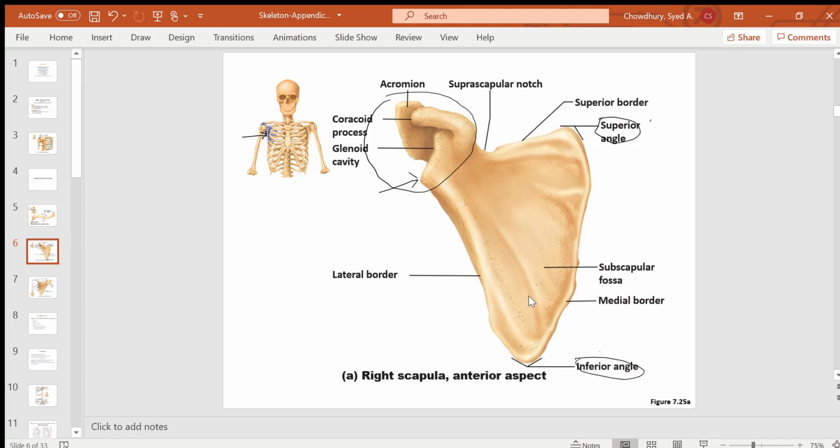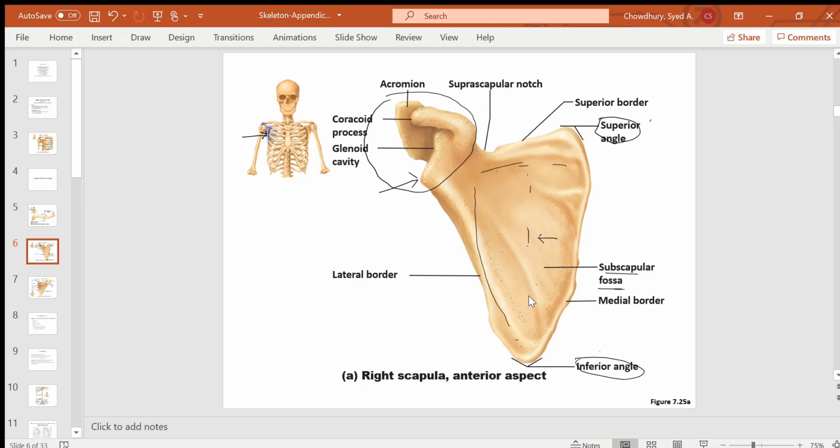First, if you see the front of the scapula, the whole part is flat and slightly curved. This whole area is called the subscapular fossa. Why is it called a fossa? Because it is slightly curved, a kind of depression here. So that is the subscapular fossa.